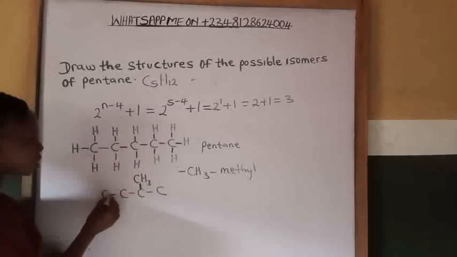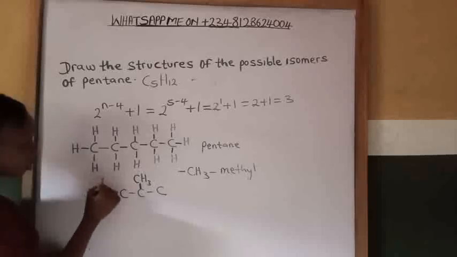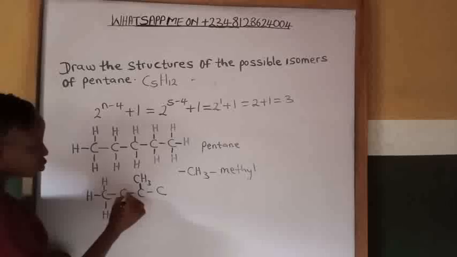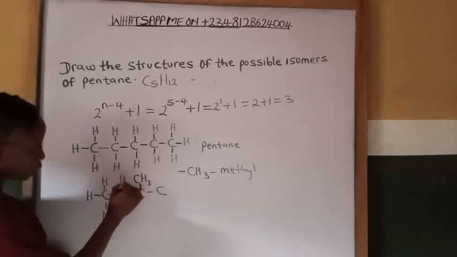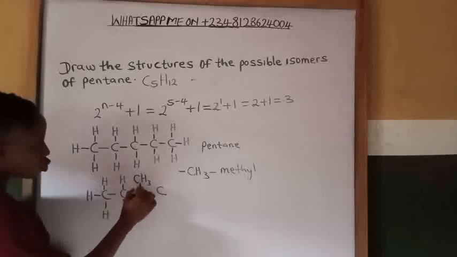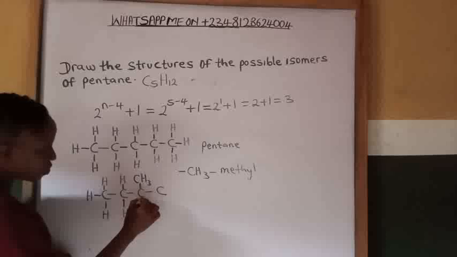So fill your carbon atoms with chemical bonds. 1, 2, 3, 4. So fill with hydrogen. Then likewise this one, 1, 2, 3, 4.